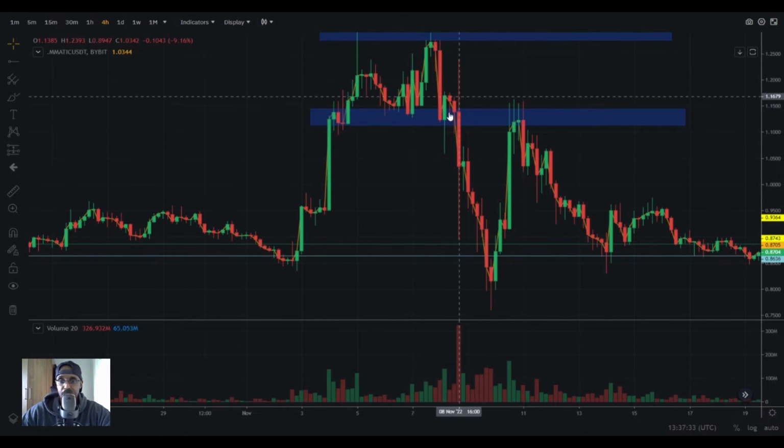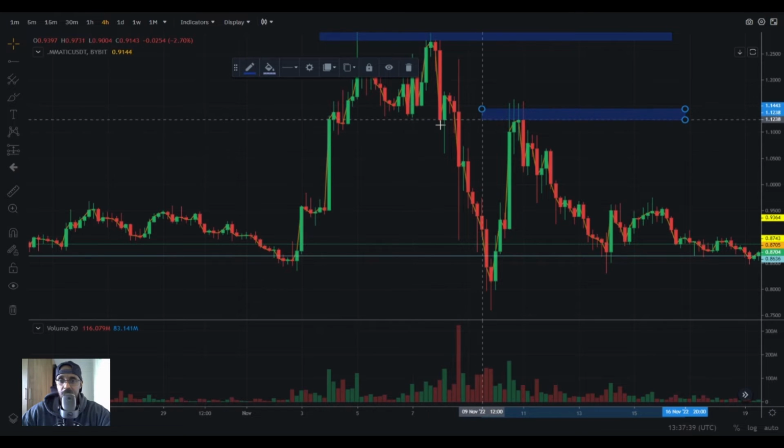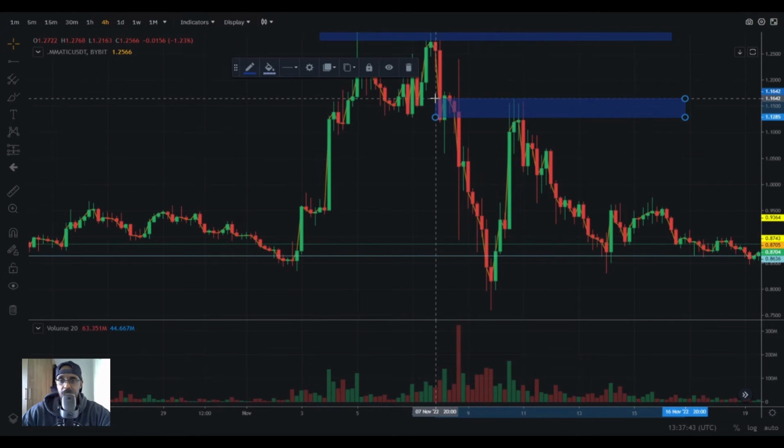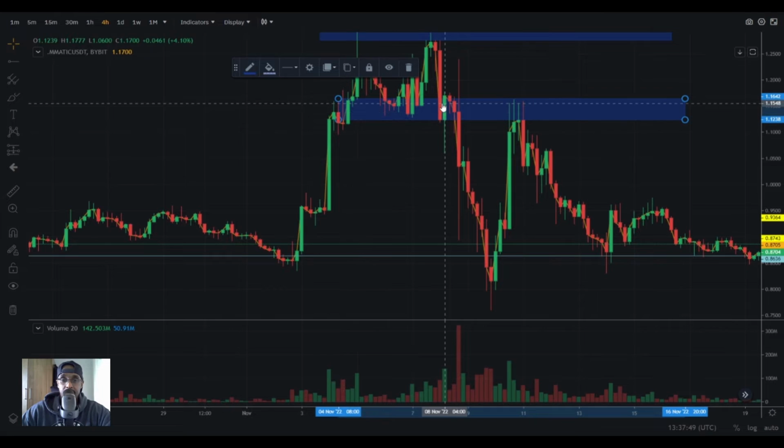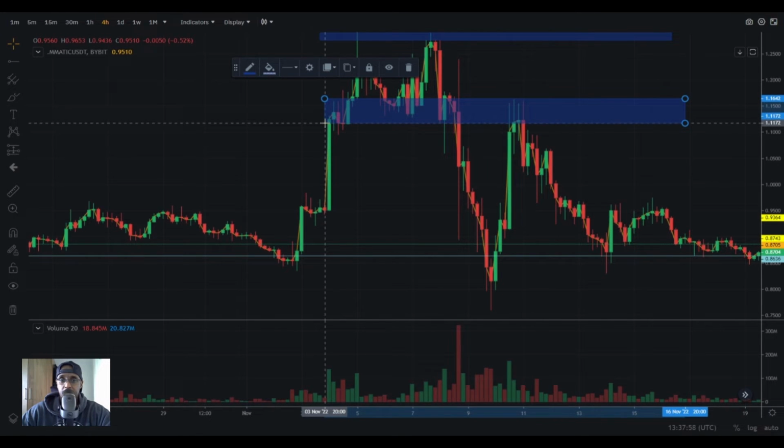But if we see from this area right there, we've been supporting this area here for a little while now. Let me just go all the way across actually, because this should be a good example.